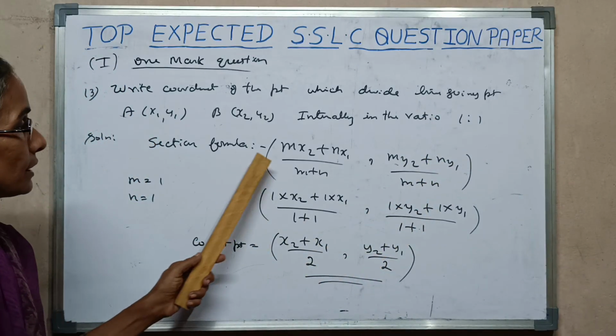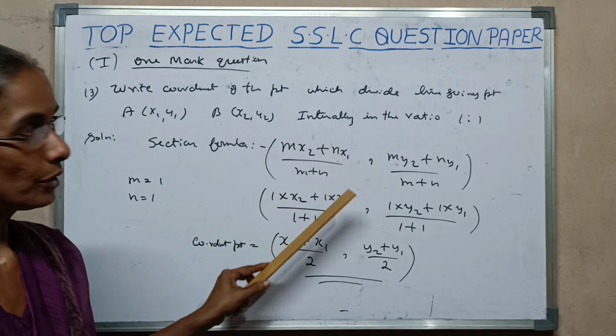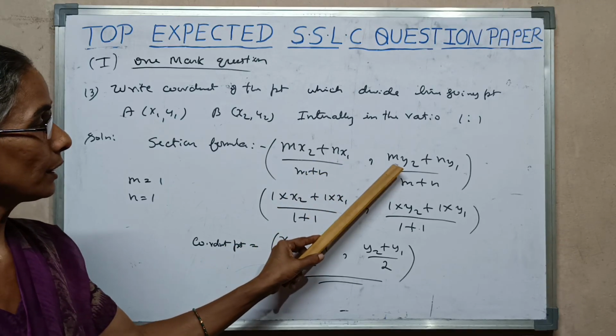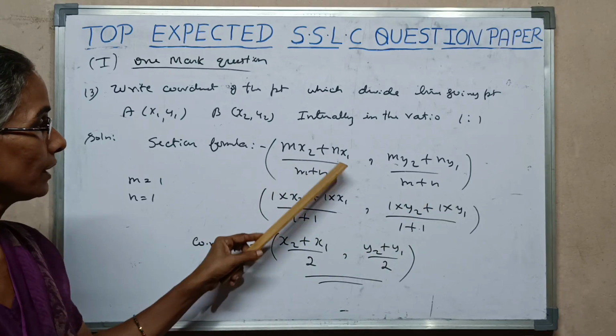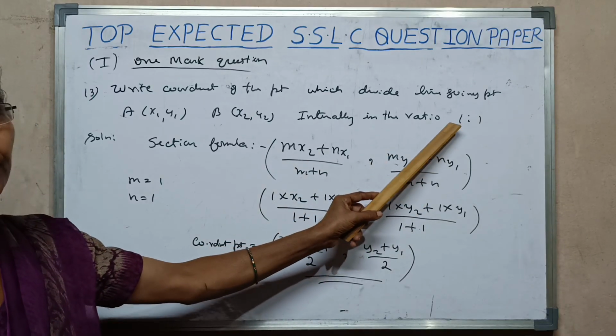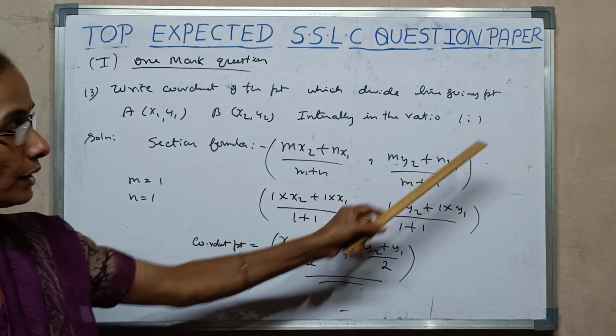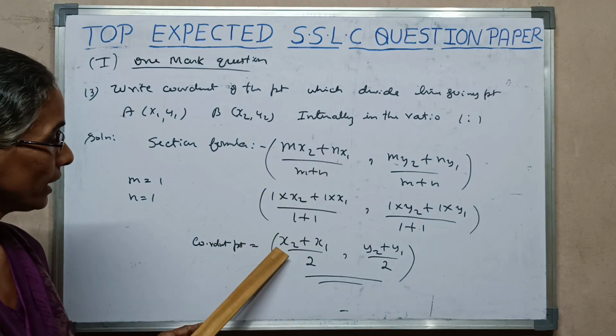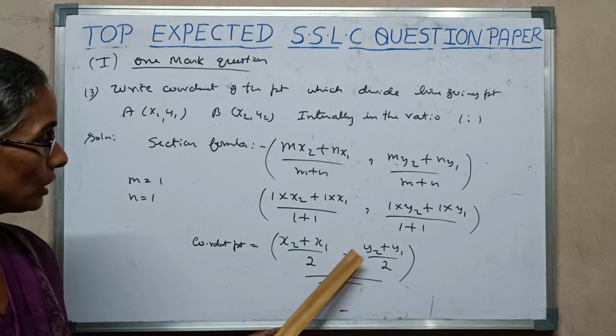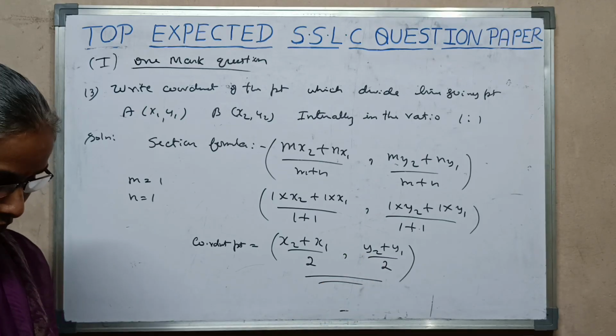So the section formula is (mx2 plus nx1) divided by (m plus n), comma, (my2 plus ny1) divided by (m plus n). In the place of m and n, we have to substitute the value of the ratio 1:1. M is 1, n is 1. So the answer is (x2 plus x1) divided by 2, (y2 plus y1) divided by 2.